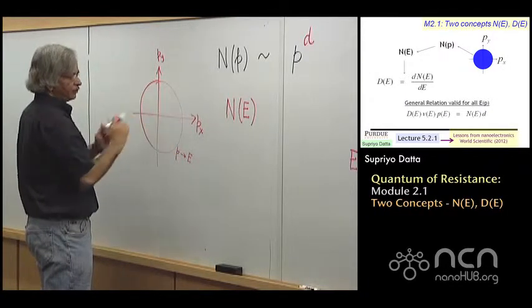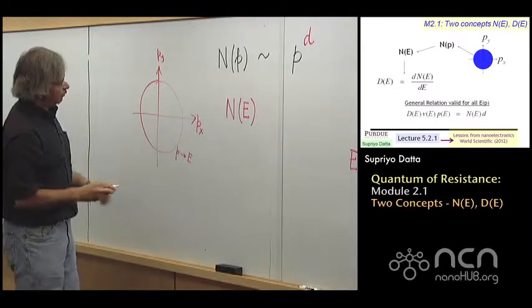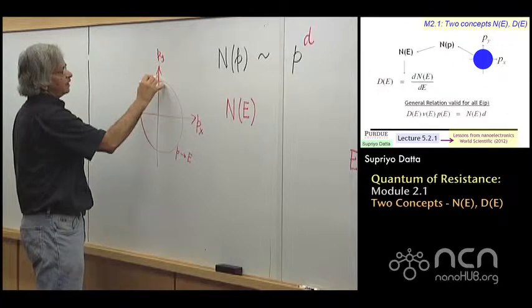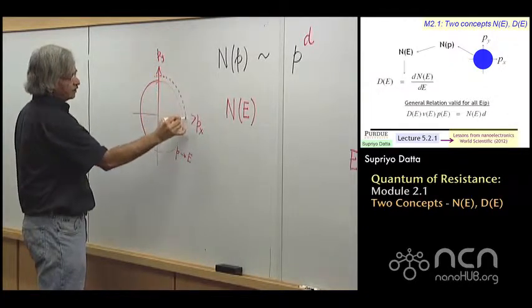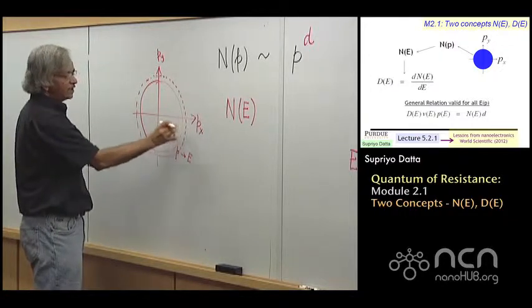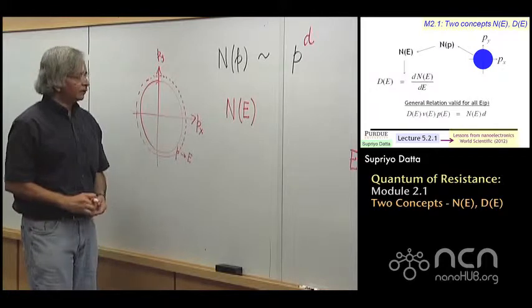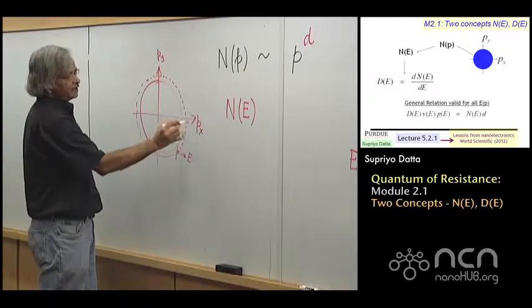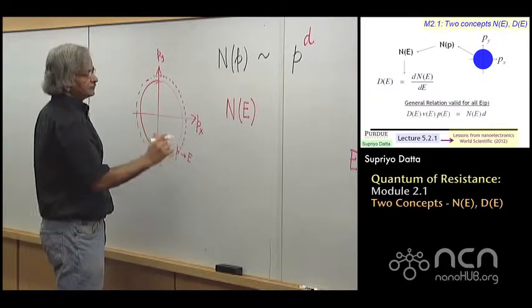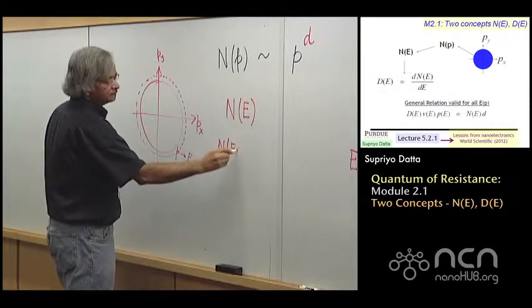So that gives you N of E. Now, what is the density of states? What you want to know is, if I increase the energy a little bit, like so, how many extra states do I get? The way to think of it is, find N of E, find N of E plus dE.